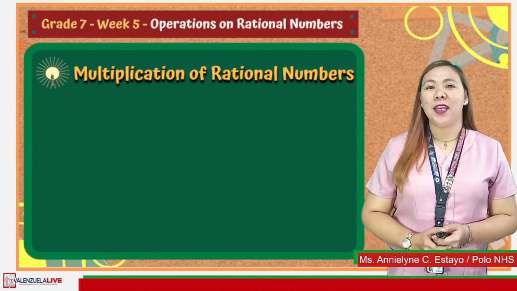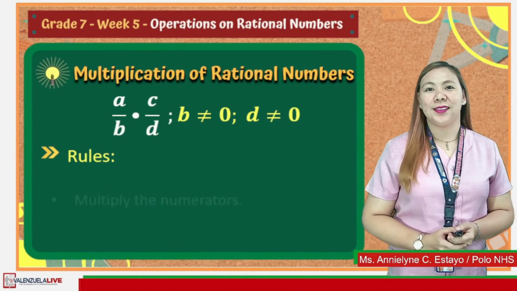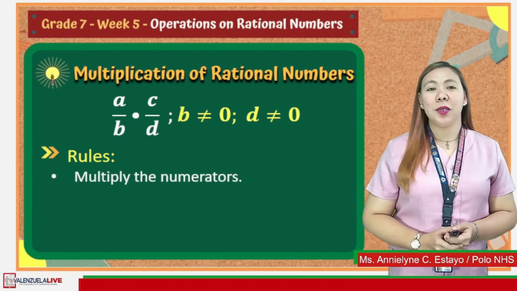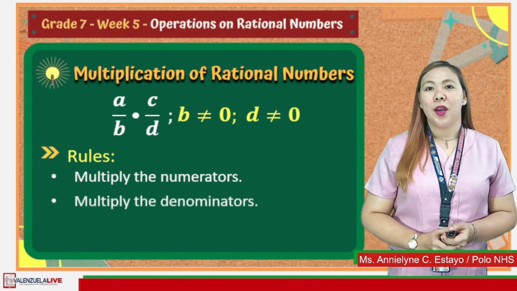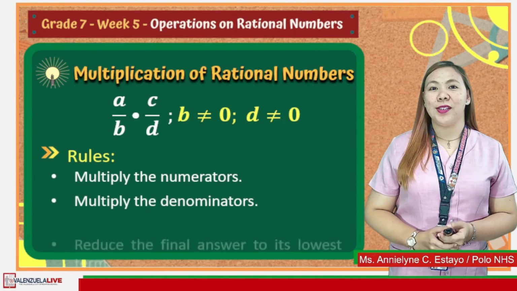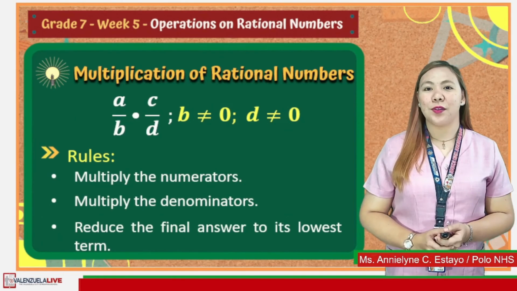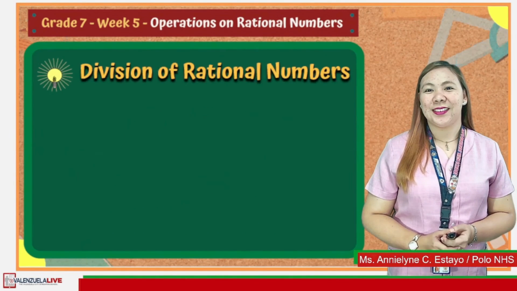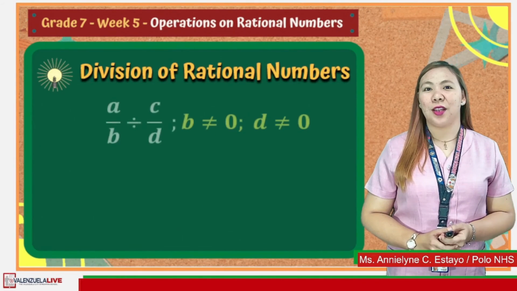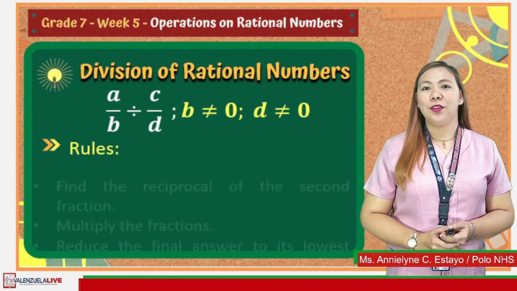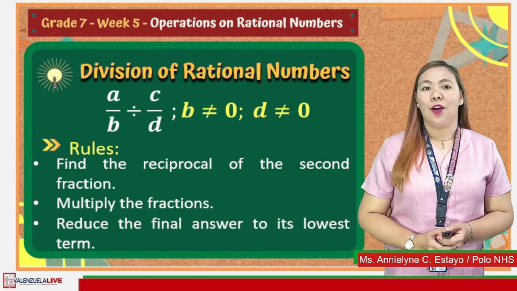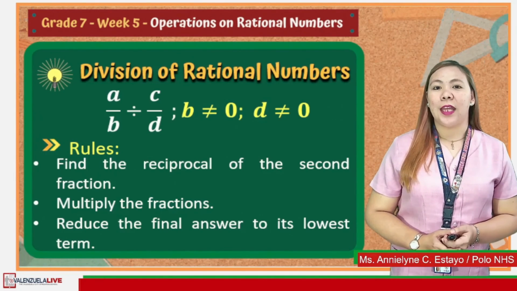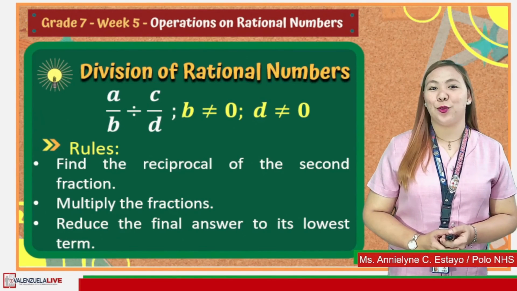In multiplying rational numbers, we simply multiply the numerators, multiply the denominators, then get the lowest term of the final answer. In dividing rational numbers, we need to find the reciprocal of the second fraction, then go back to the multiplication rule.